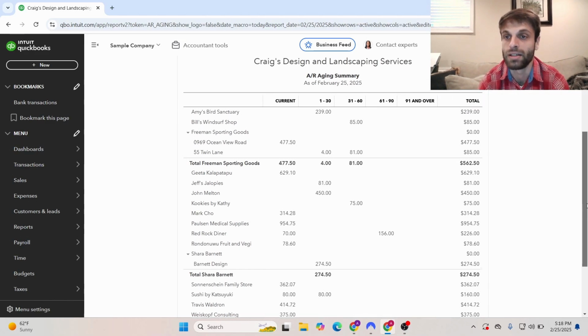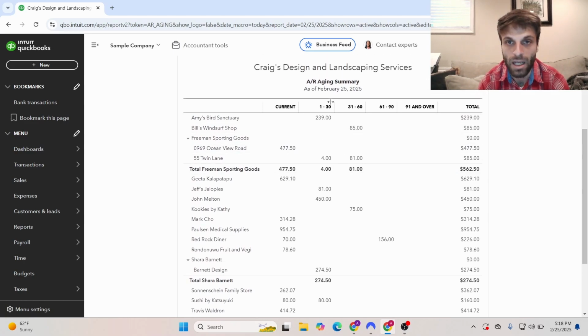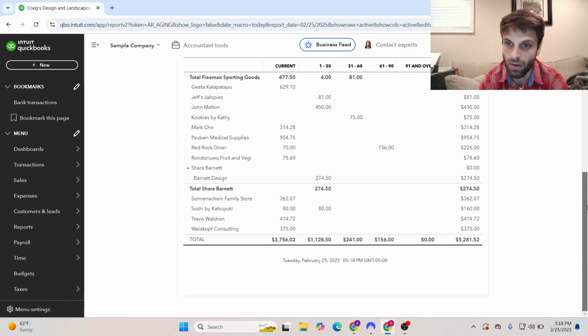That should be paid to us. So we have all these people, and we have, this is 1 to 30 days overdue, 31 to 60 days overdue, and 61 to 90 days overdue, 91 plus, right? So we have all these different categories.